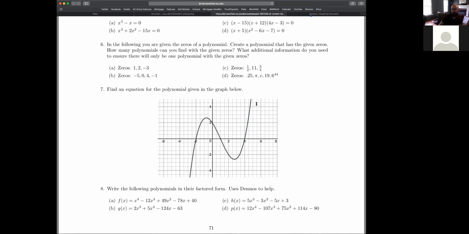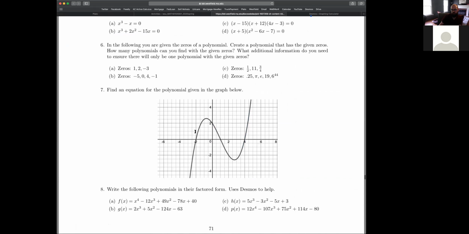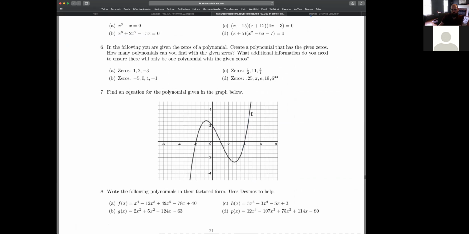To me, it looks like the general shape of a third degree polynomial. You get this classic shape right here. What I need to do now is figure out how to get this peak to come down.